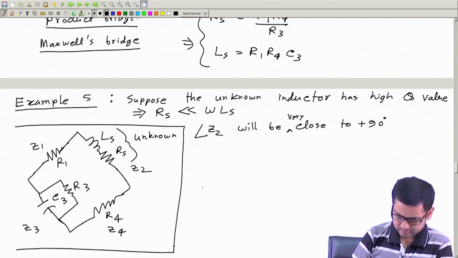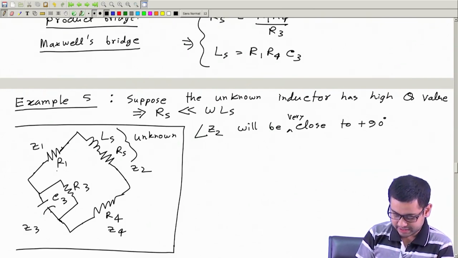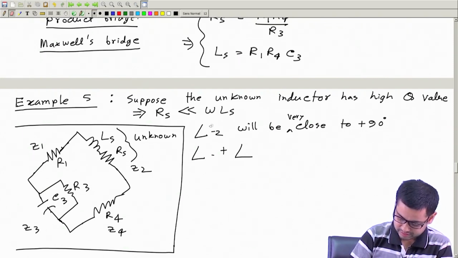Now what is the angle balance condition? The angle balance condition says that the sum of these two angles, which is 0 degree plus 0 degree, should be the same as the sum of this angle and this angle. So, the angle of this impedance Z2 is theta 2 as per our notation.